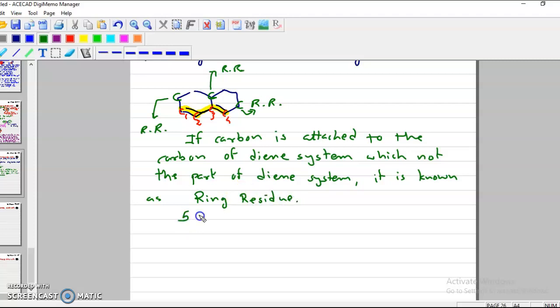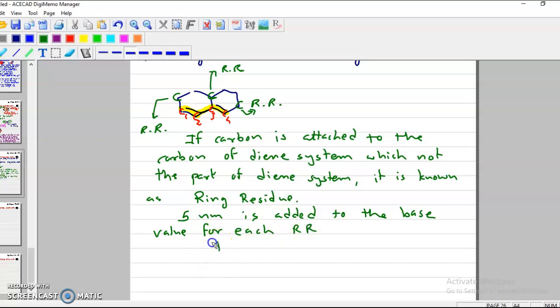And 5 nanometer is added to the lambda value or base value for each ring residue.